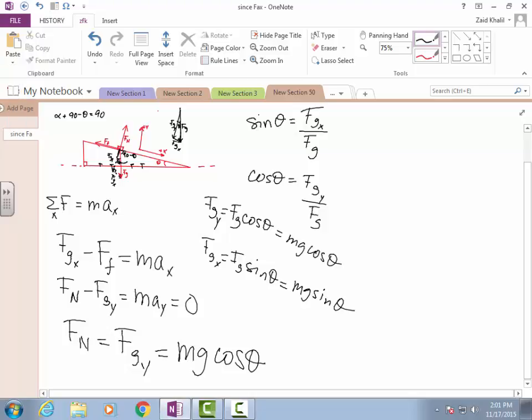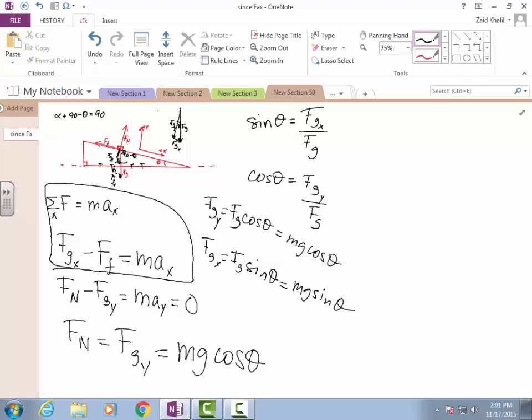So now we go back to the x direction. Here's the x direction. Because really, by solving for Fn, what did that really do? What's the real purpose for solving for Fn? That's right. Fn uniquely determines FF.